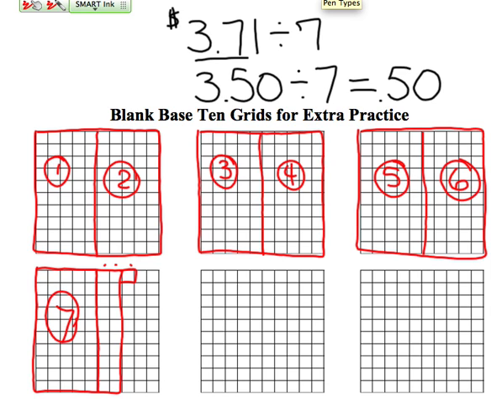Can we divide 21 evenly into 7 groups? We can. 7 times 3 is 21. So yes, we can divide 21 evenly into 7 groups. There will be 3 additional hundredths in each group.